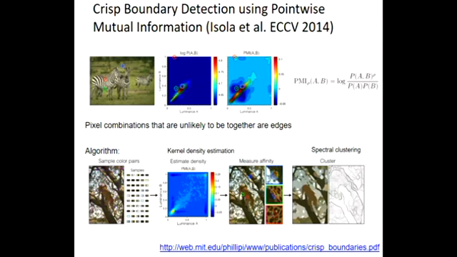So this is plotting the luminance of pairs of pixels, and the idea is that common differences that are commonly observed in the image are less likely to be edges than differences that are rarely observed, because most pixels are not edges.